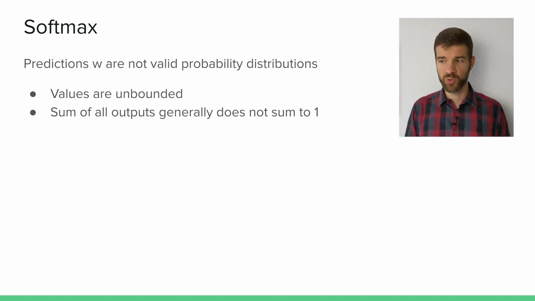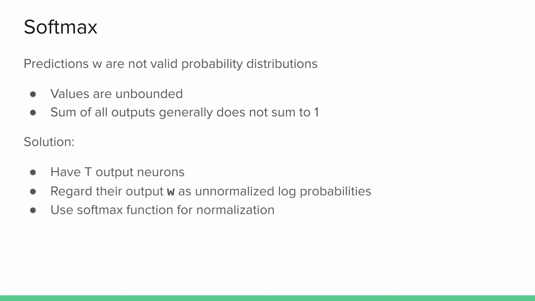So what can we do? We can map the outputs of our last layer, our output layer, to a probability distribution, and this is what the softmax does. We have T output neurons, and we regard their outputs as unnormalized log probabilities.